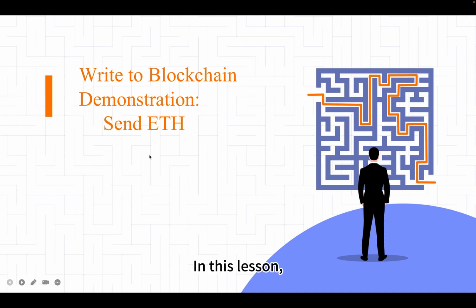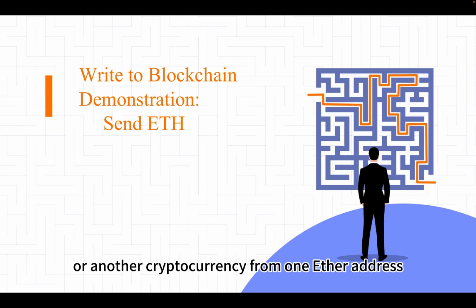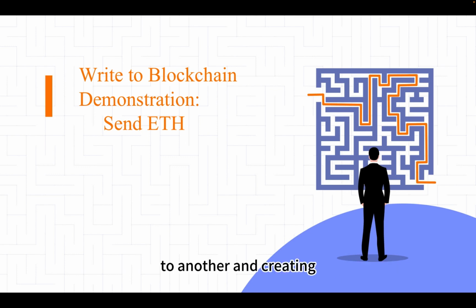In this lesson, we will learn how to send ETH, which is a practical example of a write-to-blockchain operation. Sending ETH means sending Ether or another cryptocurrency from one Ether address to another and creating a new transaction record.